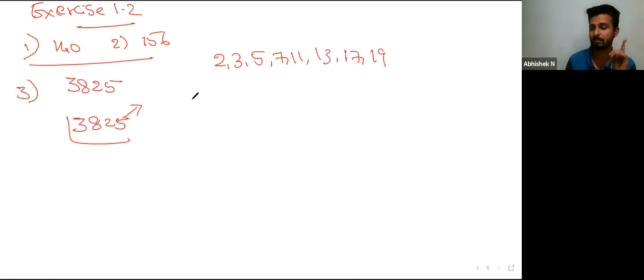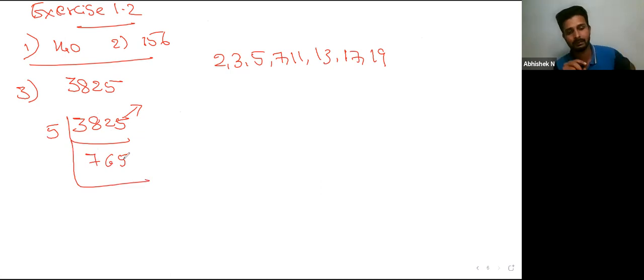Remember, every composite number can be written as a product of prime factors, so just consider these prime numbers only. First, 2 cannot divide it. Also 3 cannot divide this number. Instead, let us take 5. So 3825 is 765 multiplied by 5.